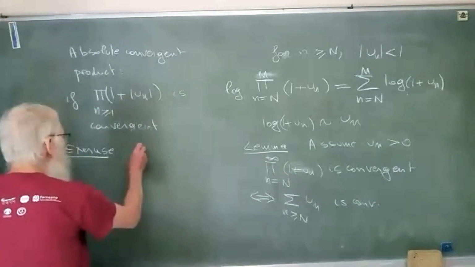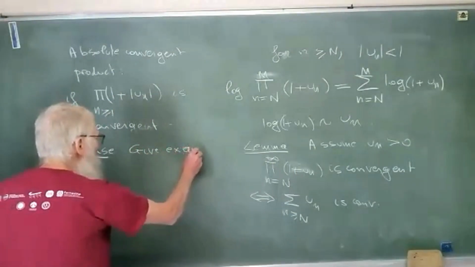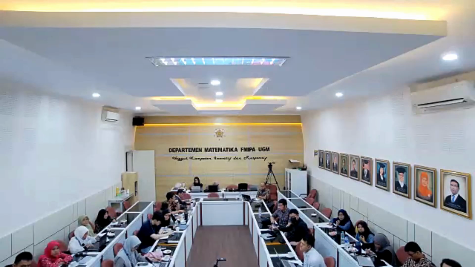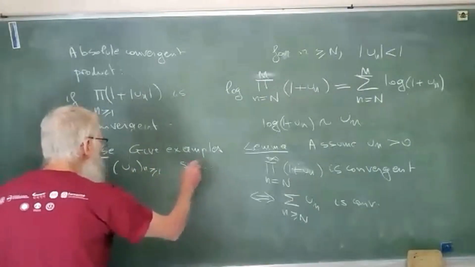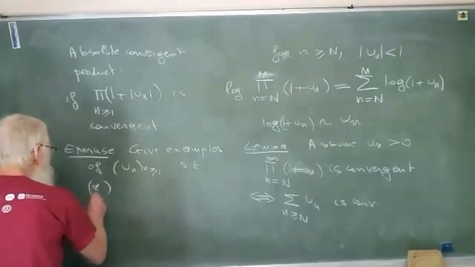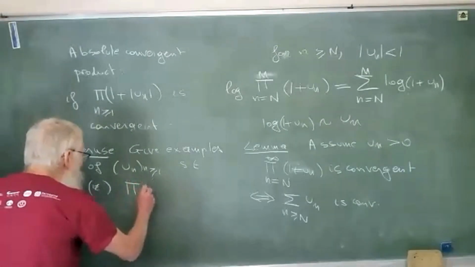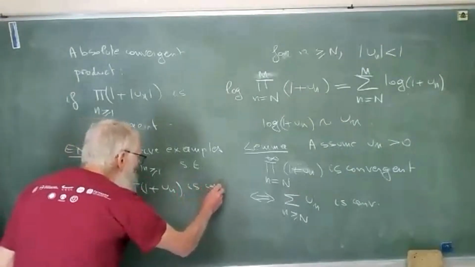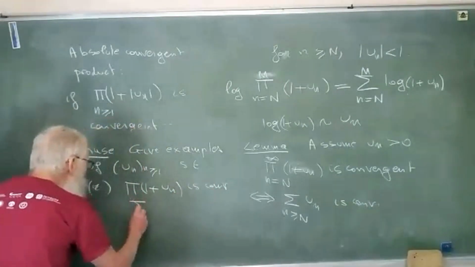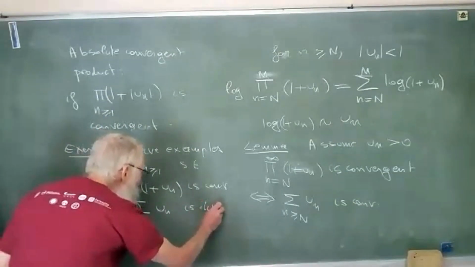So give examples of sequences un of complex numbers, such that, the first example A is that the product is convergent, and the series of un is a divergent series.